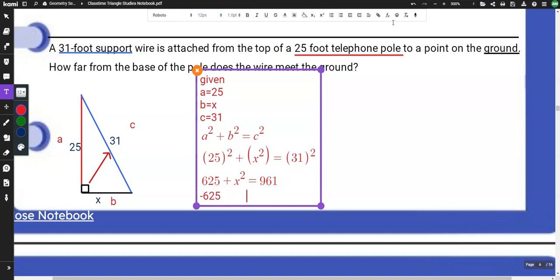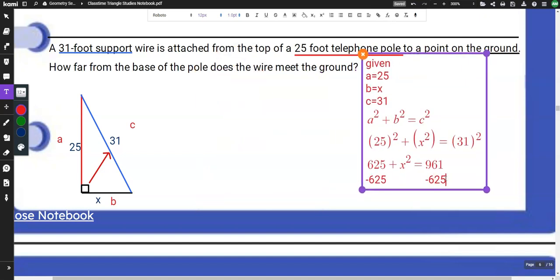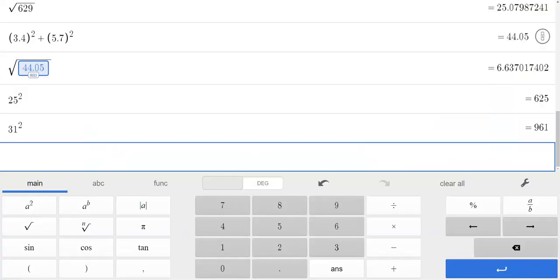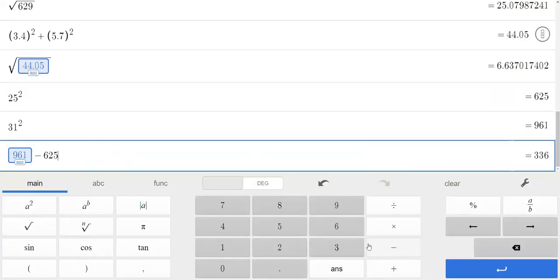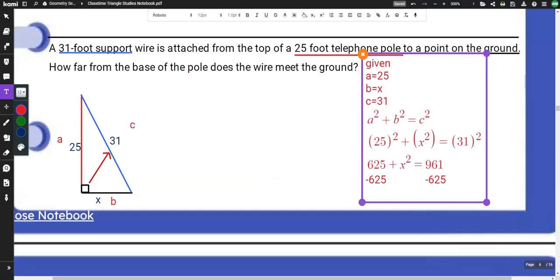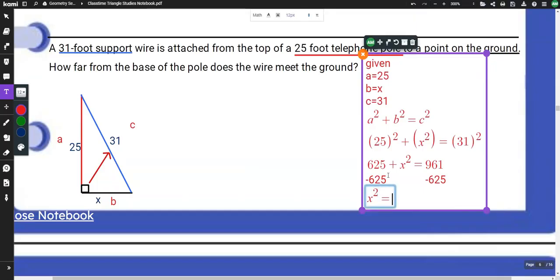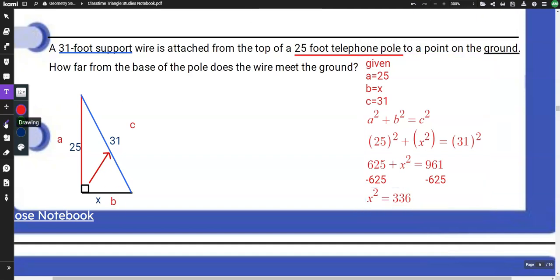Subtract the 625 from both sides, and we get 336. So x squared is equal to 336, which we are going to take the square root of.